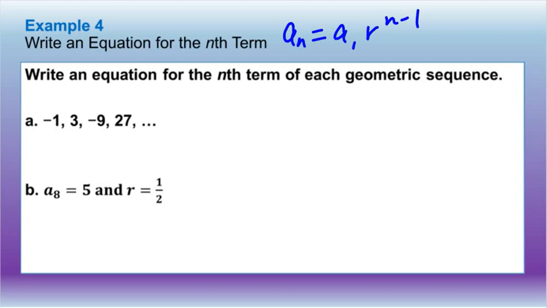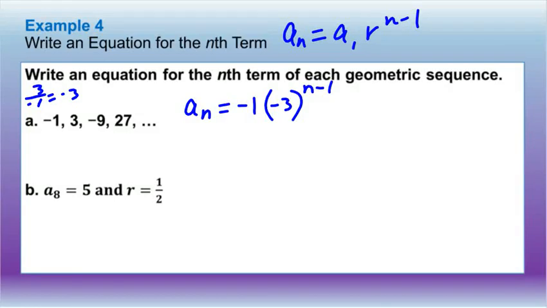Our first term is negative 1. So I can do a subscript n equals negative 1 times the common ratio. I'm going to take 3 divided by negative 1, which gives me negative 3. So my common ratio is negative 3, and then it would be n minus 1 power. So that would be my equation for that one.